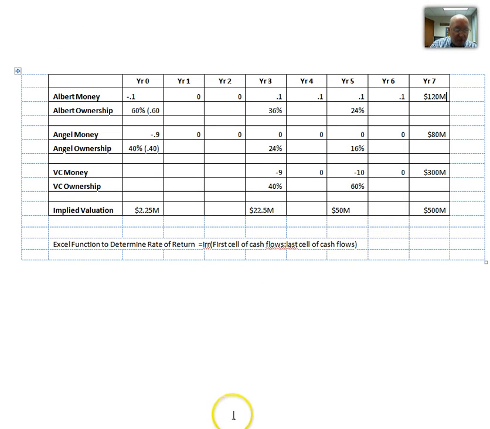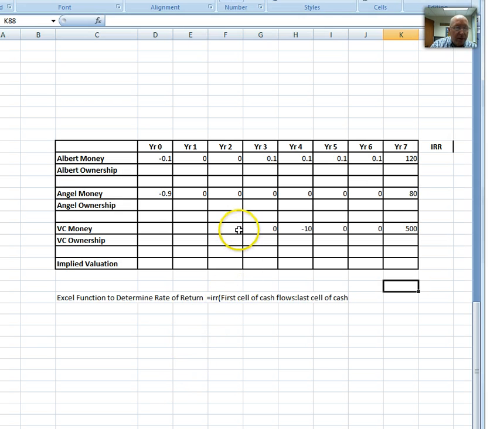Okay, I thought I put the VC in too soon. Year 3 is where I put the VC in the other one.